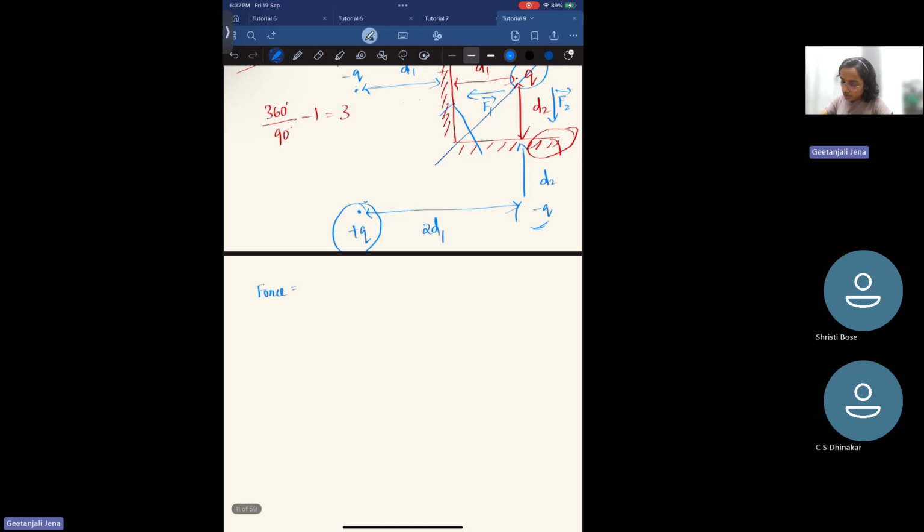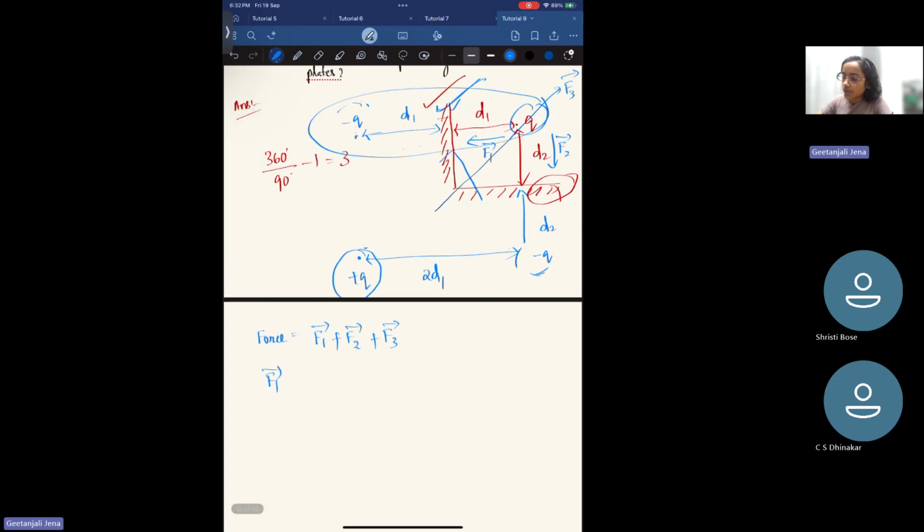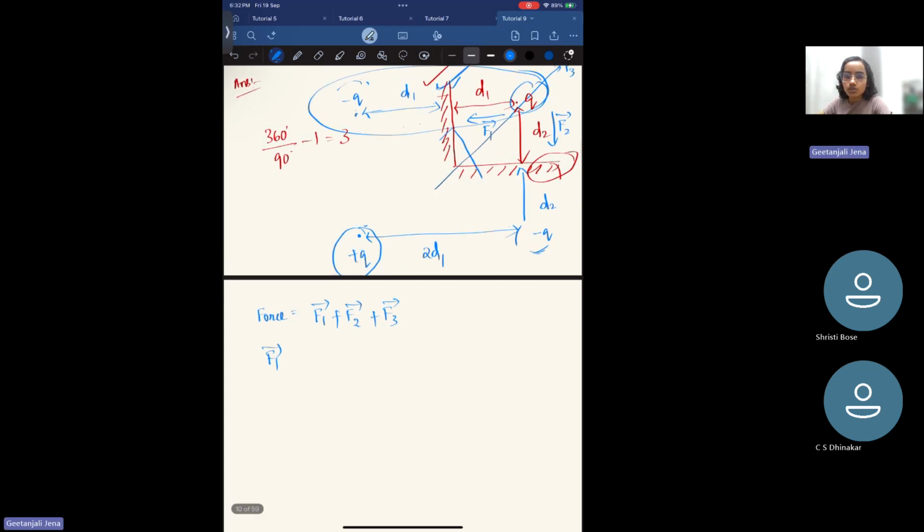Total force on charge Q is due to the other charges: F2, F3, and F1. So F1 is the force between these two charges. Distance is 2d1. So this is 1 by 4 pi epsilon naught, q square by (2d1) square.